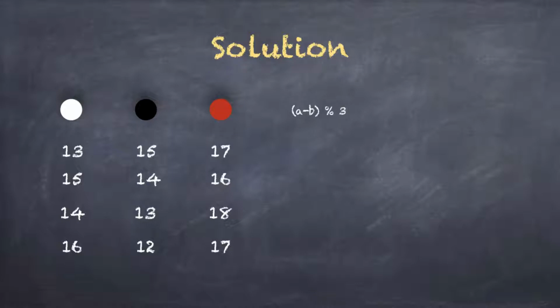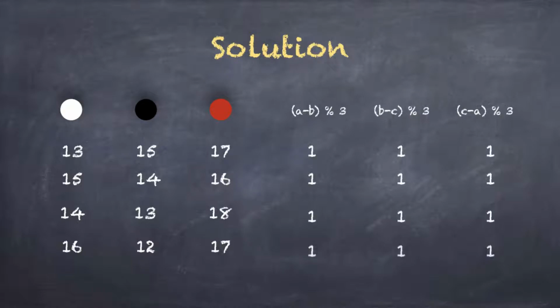is a minus b mod 3, b minus c mod 3, and c minus a mod 3. If you do this operation at each step, you will find that its value is 1 1 1, and similarly for the next steps it's again 1 1 1, and so on.